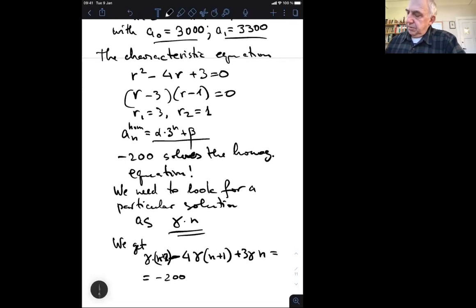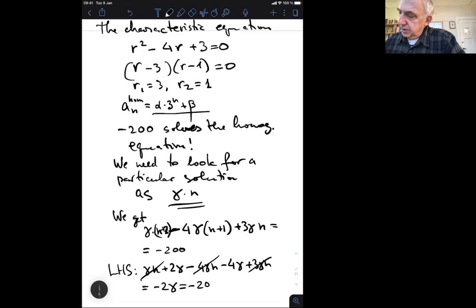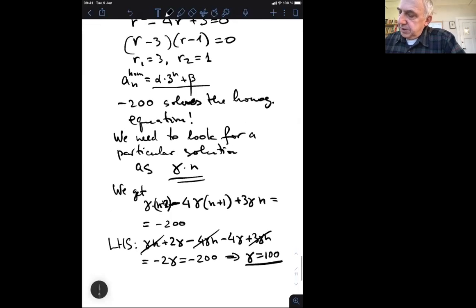Now the left-hand side: we get gamma n plus 2 gamma minus 4 gamma n minus 4 gamma plus 3 gamma n. So gamma n should disappear, and it does. We have minus 2 gamma equal to minus 200, which is gamma equals 100. So our special solution is 100 times n.